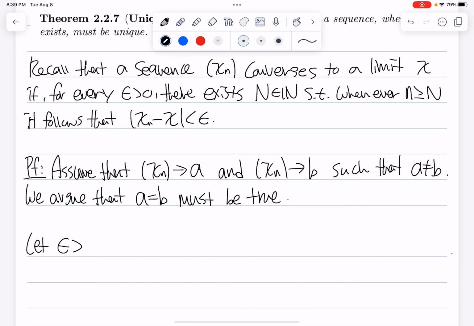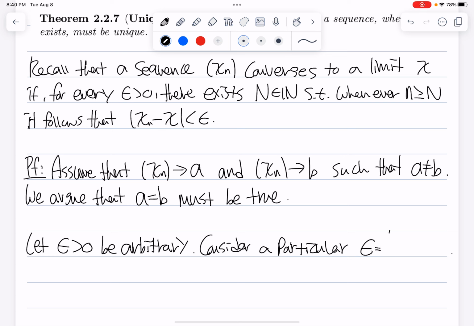Let epsilon greater than 0 be arbitrary. Fix a particular epsilon to be 1/3 of the absolute value of b minus a. So this is basically just a third of the distance between a and b, the limits.